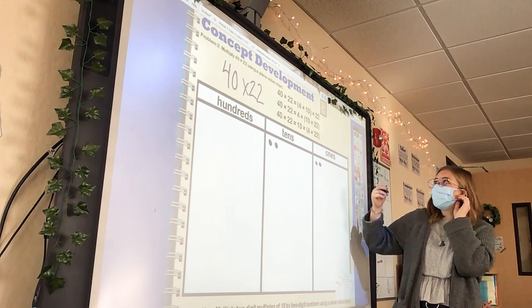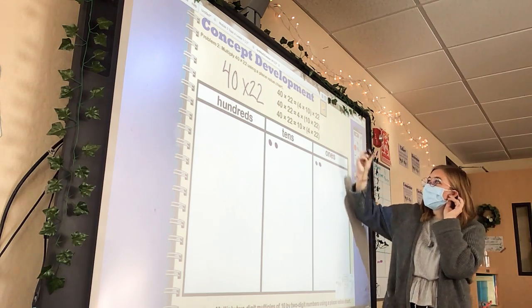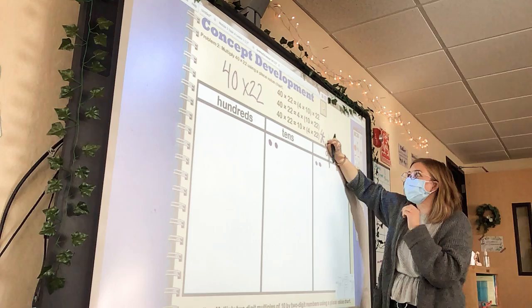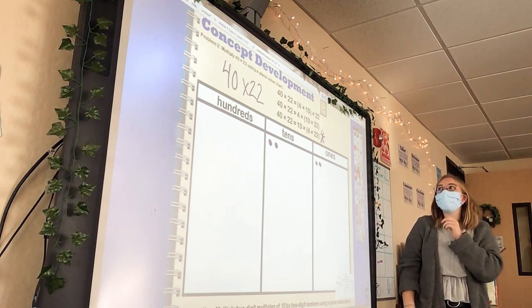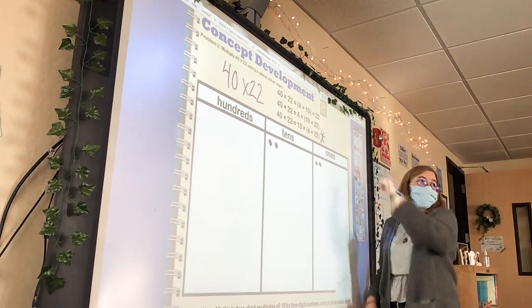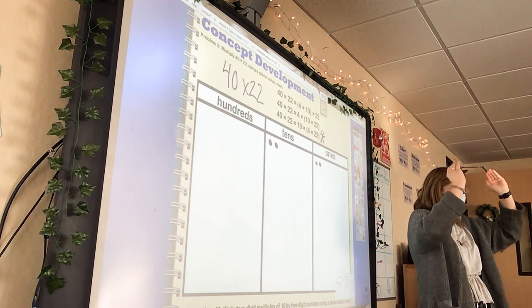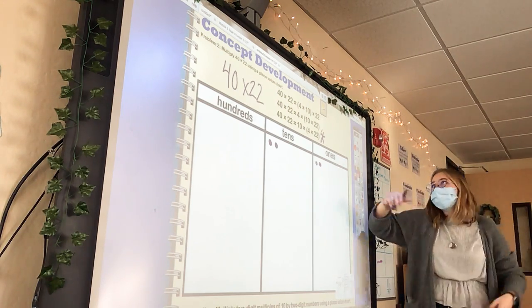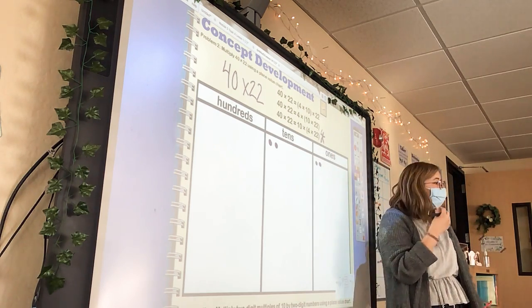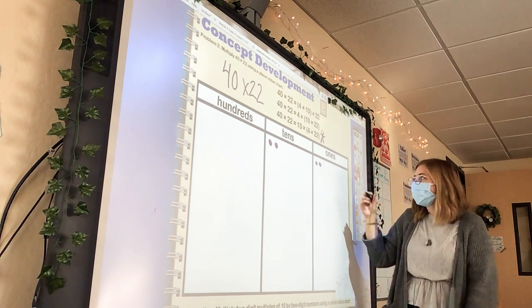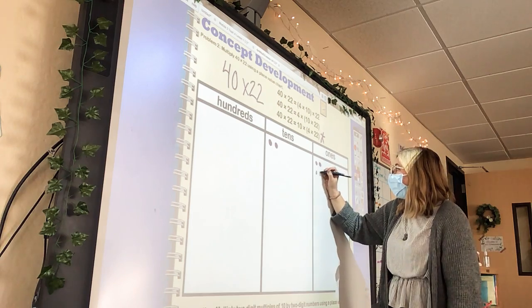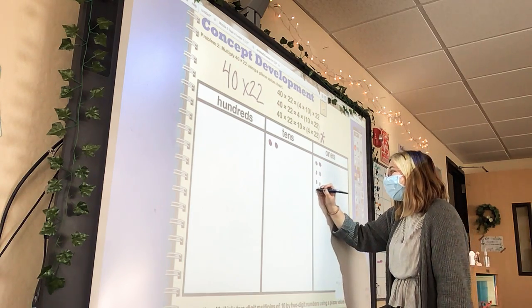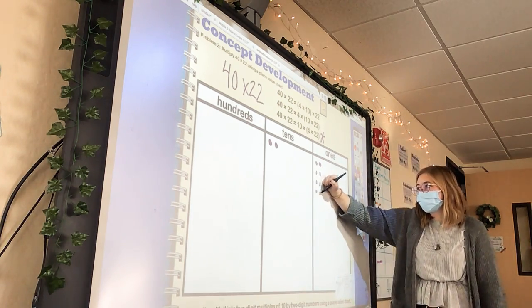I'm going to go with this strategy right here. Parentheses mean do this first. If we ever see those little lines on the side, it means do this first. So I'm going to multiply 22 times 4. I'm going to make 4 copies of each thing in the place value chart.